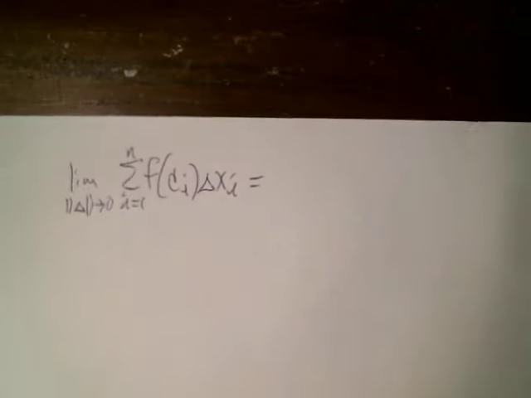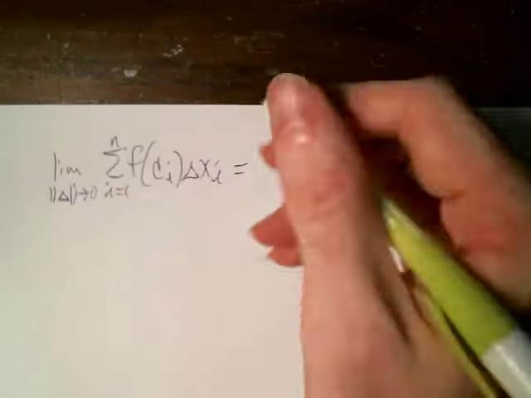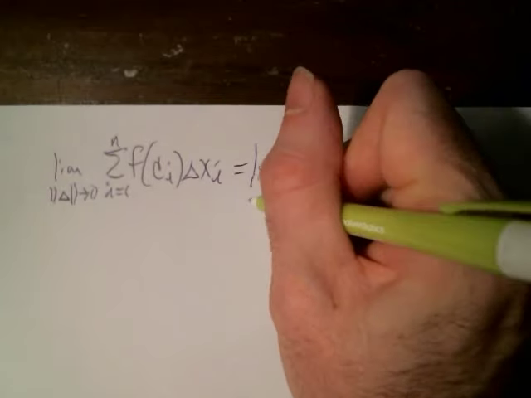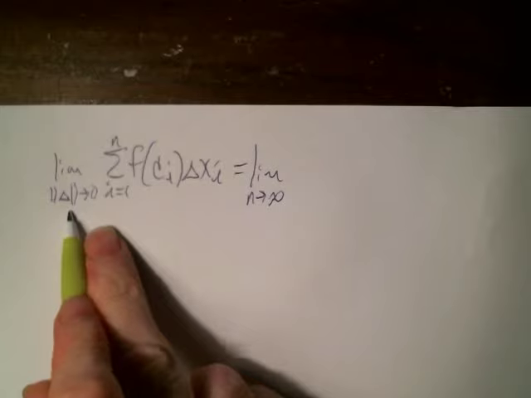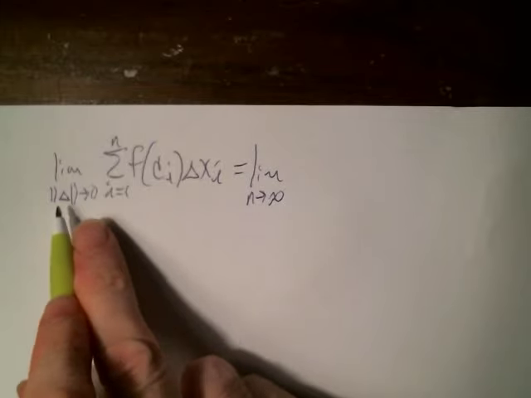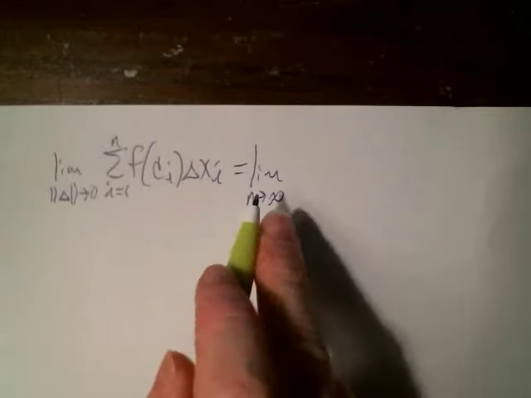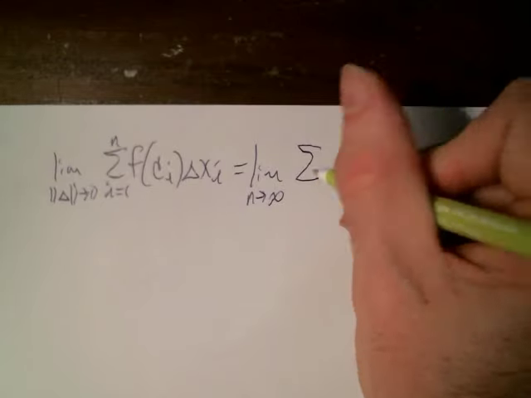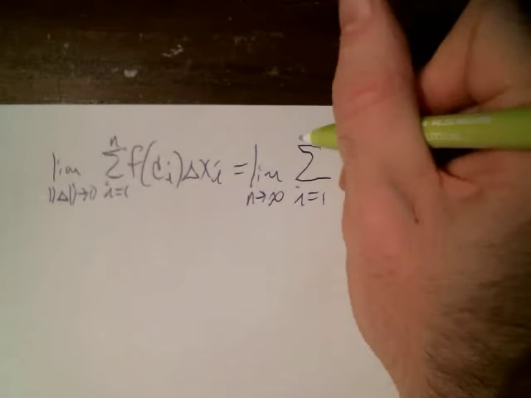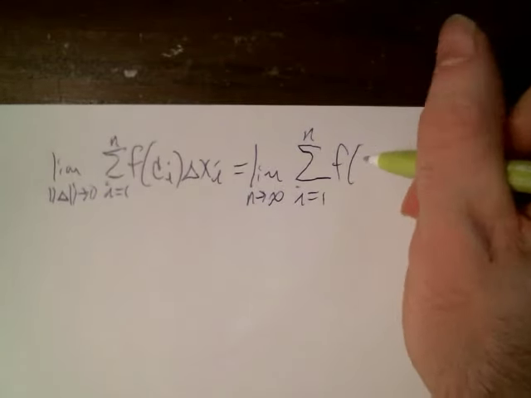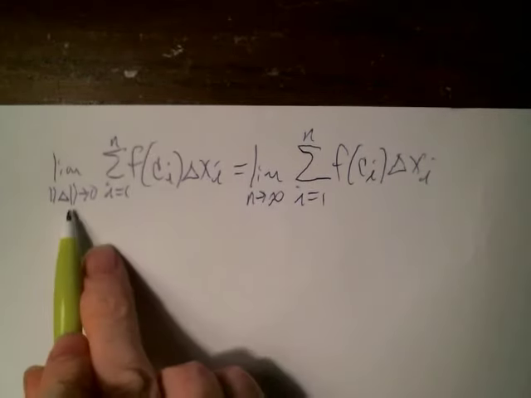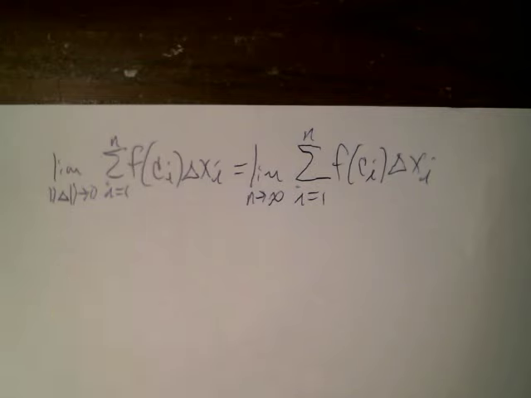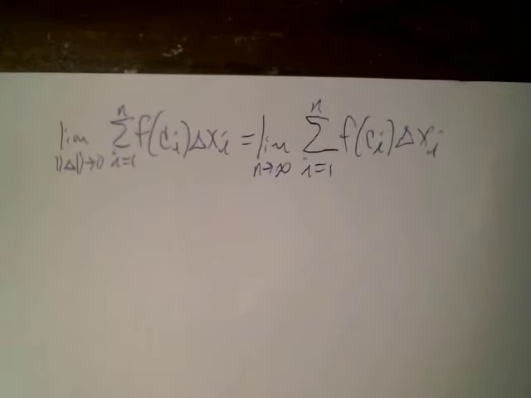But generally, when we're working the exercises, we'll drop this idea and just work with the limit as n goes to infinity, which is implied by this limit. Okay, so as the norm goes to 0, it forces n to go to infinity anyways. So we can write in this statement automatically and not really have to work with this norm issue. I believe that's the gist of what they're trying to get at.